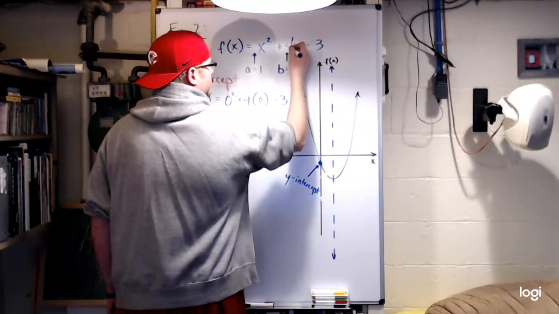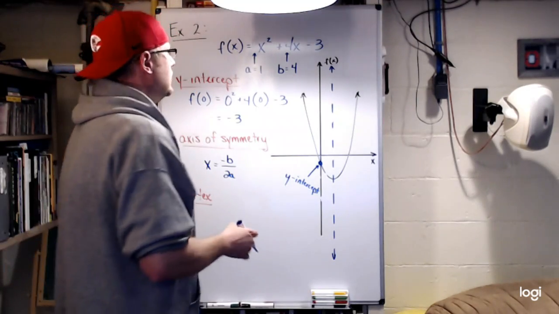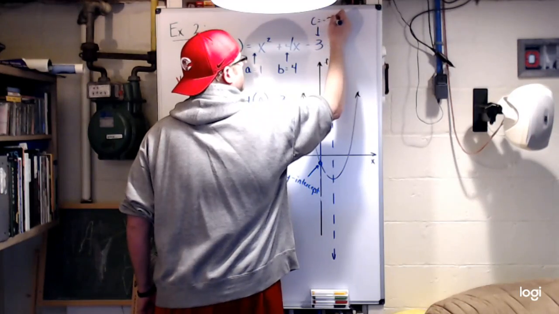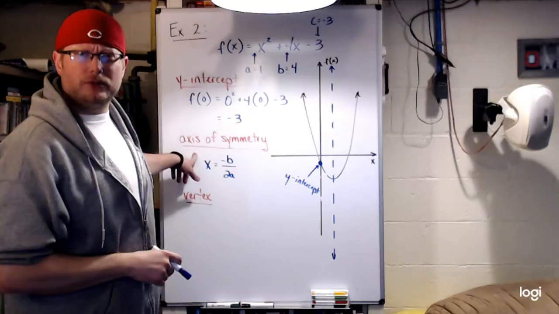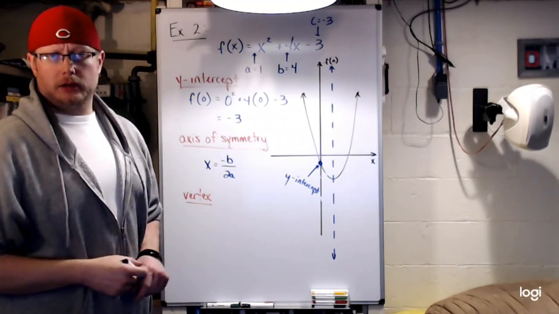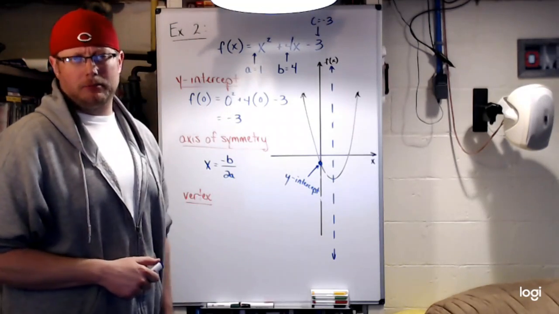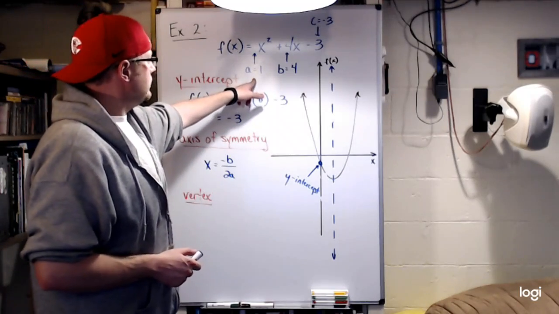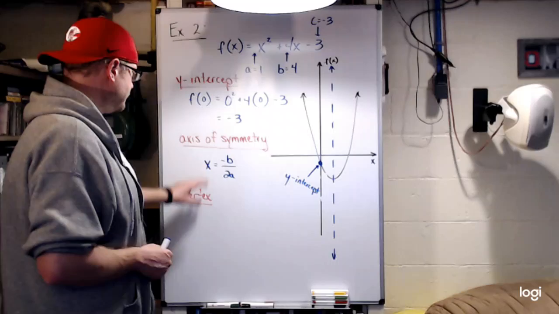B in this case is 4, because that's the coefficient out in front of your x term. C is negative 3. We don't really need C when we're trying to identify the axis of symmetry. Eventually, when we start using the quadratic formula to solve quadratic equations, we'll need C, but for this case, it's not important. Regardless, I still identified it. A is 1, B is 4, C is negative 3.